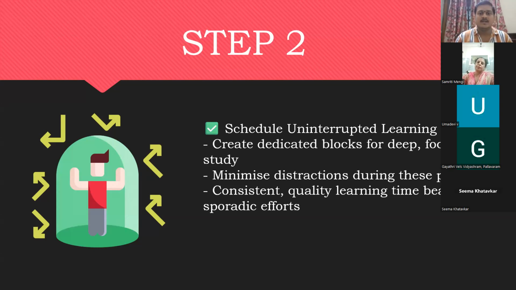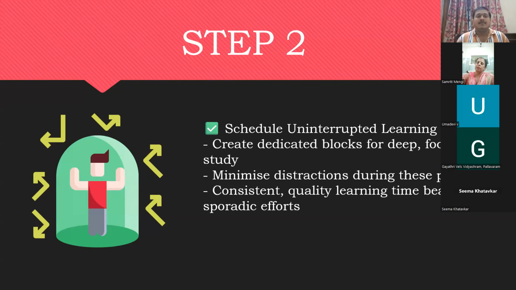Minimize distractions during these periods. There shouldn't be any distraction. They should be in an enclosed place, a place wherein distractions are not entering that particular space of the child. Consistent quality learning time beats sporadic efforts.